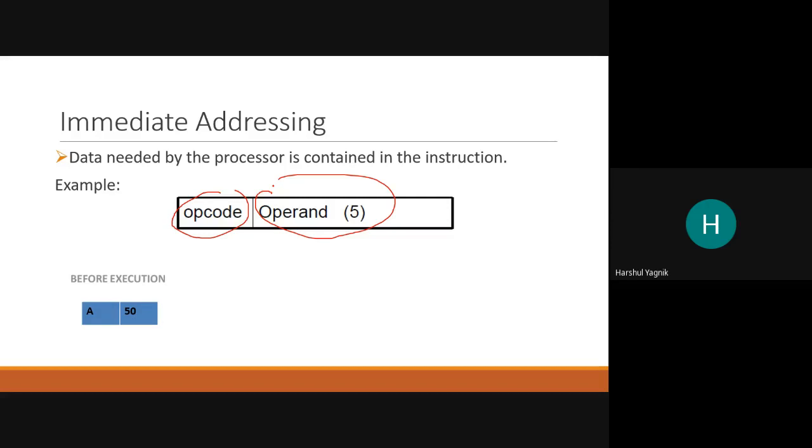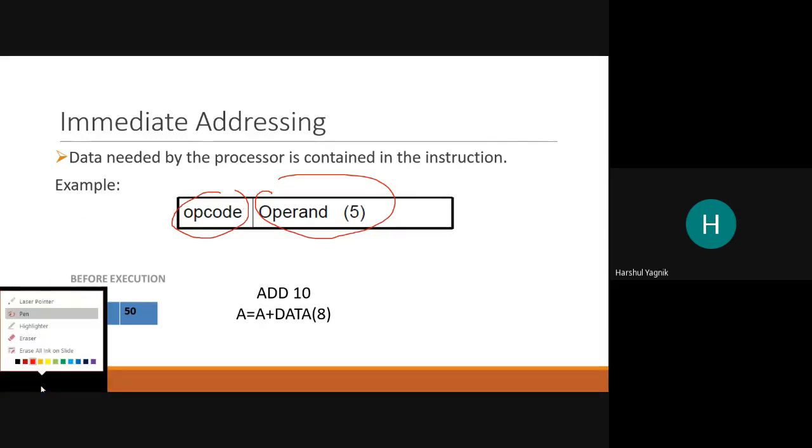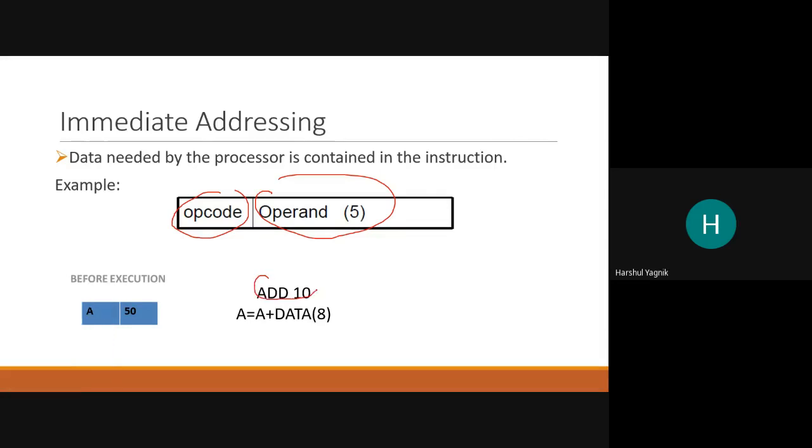For example, consider that the content of register A is 50 before execution, and we run the instruction add 10. After running the instruction add 10, what would be the result?